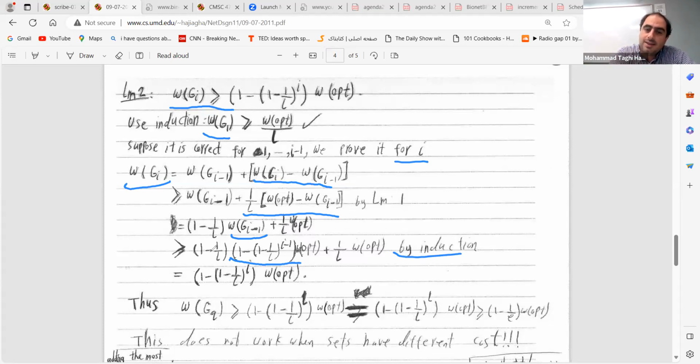And what about this one? Then this is equal to this. Why can you see that? Because just multiplying this one, it would be 1 minus 1 over L times 1 times W of opt.